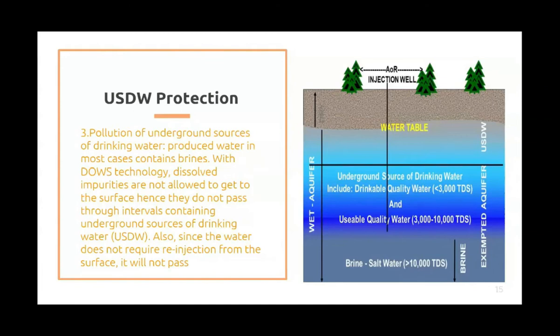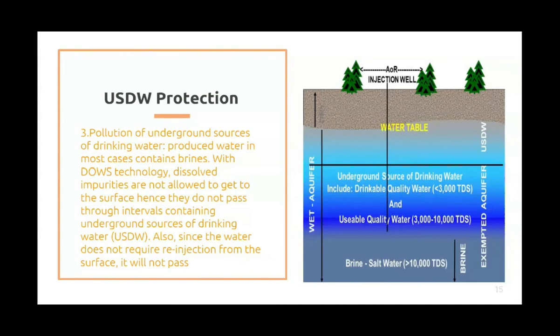Third, USDW protection. What is USDW? USDW stands for underground source of drinking water. Pollution of underground sources of drinking water. Produced water in most cases contains brines. With downhole separator technology implementation, the engineers can protect the aquifer in the formation that can be used in the future as underground sources of drinking water.